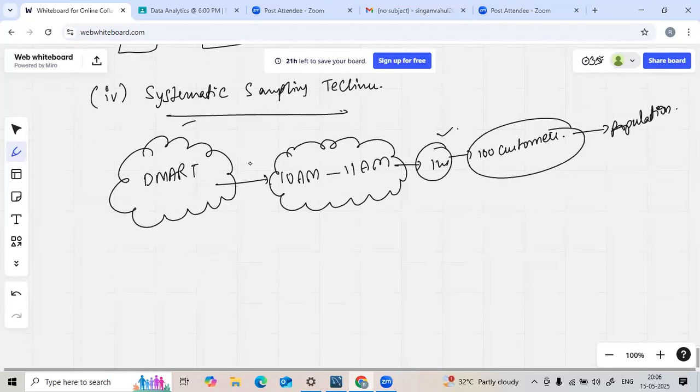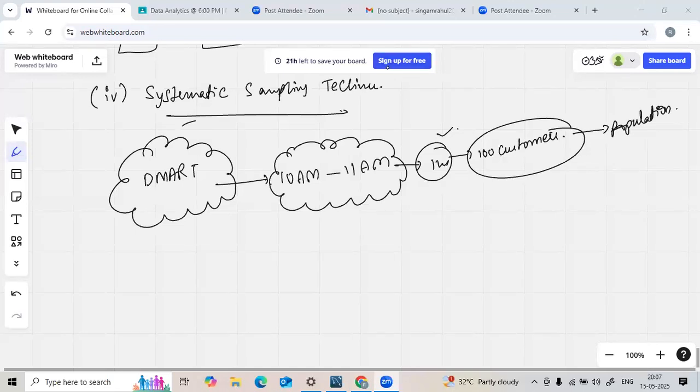Now, there will be one person who just wants to check the vitals, for example the fever, whether you are having fever or not, and the pulse monitoring. All those things they want to check.